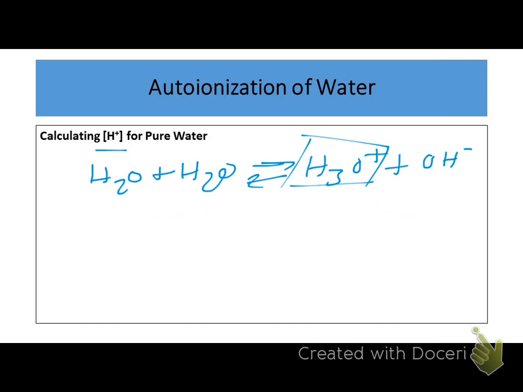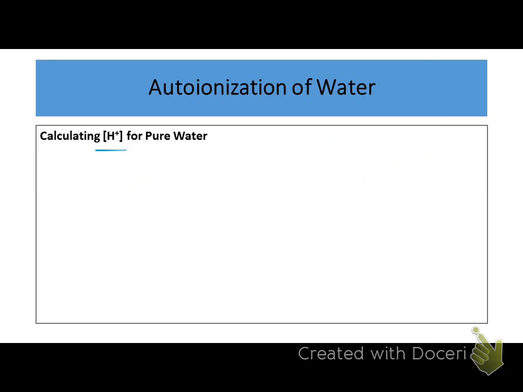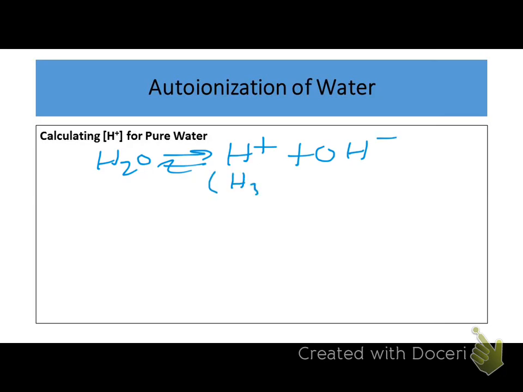All right? So let's go back to drawing our idea here of H2O breaking down into our hydrogen ion plus our hydroxide. And remember, really, this is the hydronium ion. We're just simplifying it. Okay? So that means that Kw, we said, was 1.0 times 10 to the minus 14.